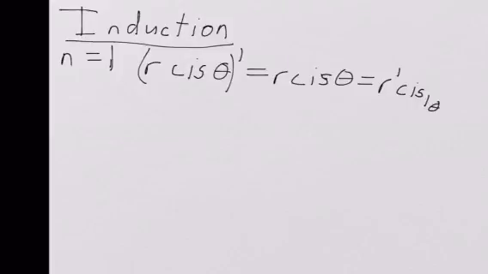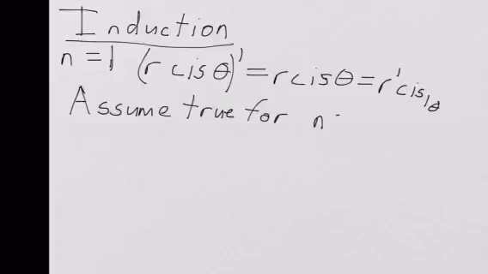So now what we're going to do is assume that our statement is true for n equals k minus 1. And then we want to prove that it's true for n is equal to k.